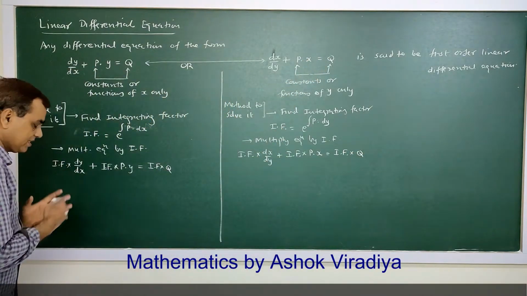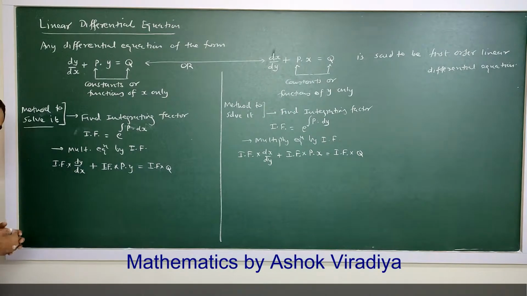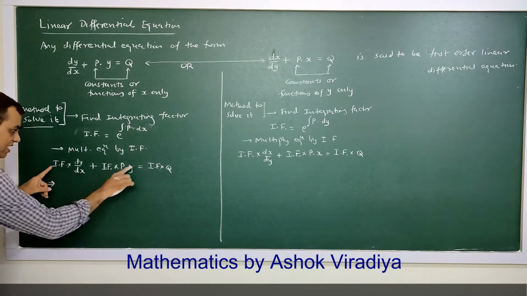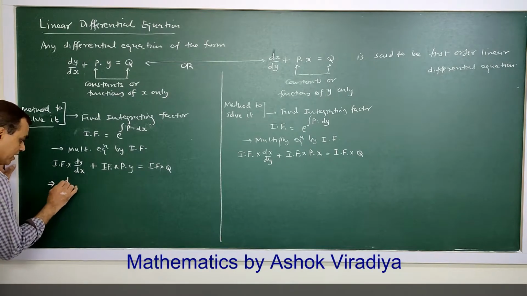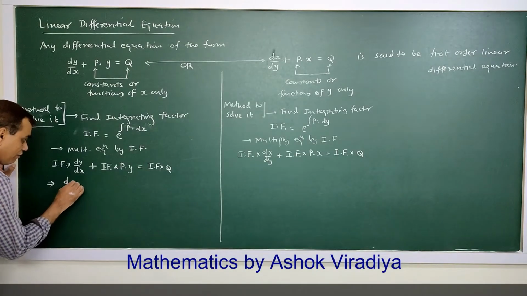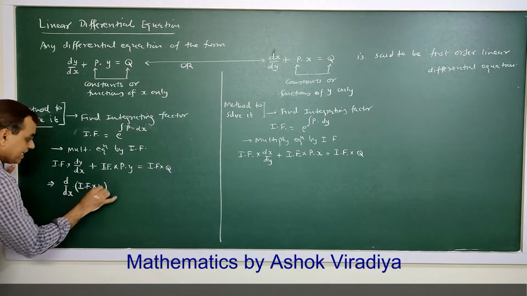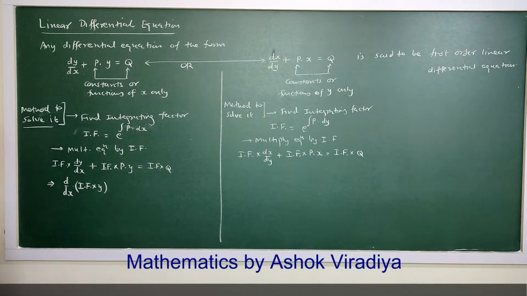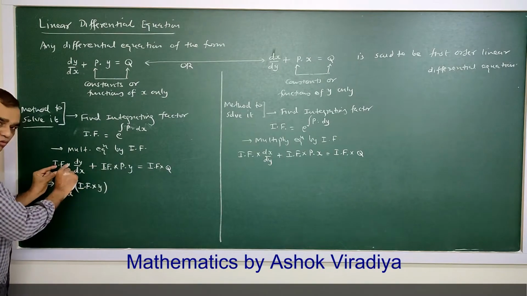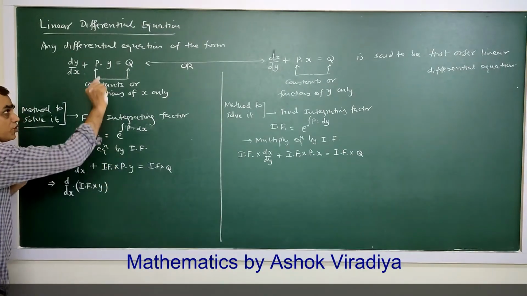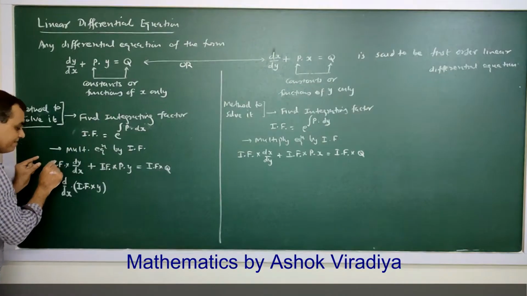So doing this, the immediate next step is that the left hand side will always be d by dx of integrating factor into y. It will always be true, whatever the left hand side is after multiplying equation 1 by the integrating factor.